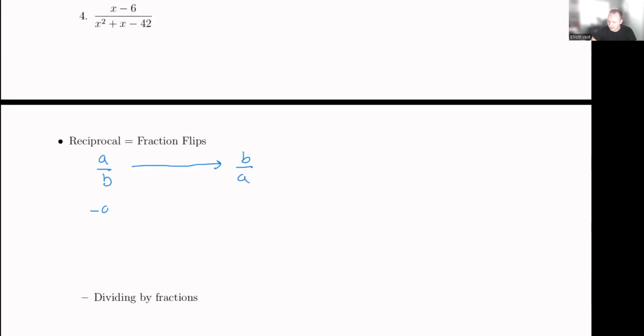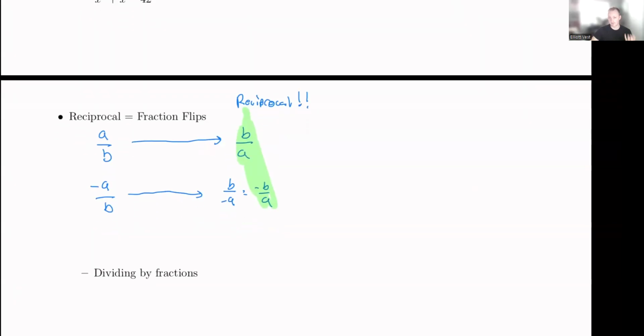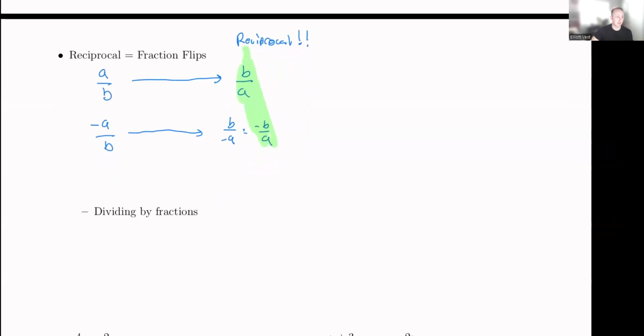Same if I have negative a over b, I can look at that as b over negative a, or because negatives can jump up and down, negative b over a. Either way, flipping the fraction means reciprocal. So when I say reciprocal, think flip fractions.